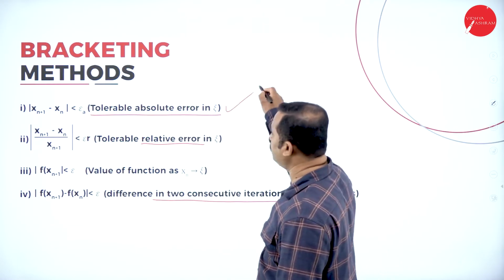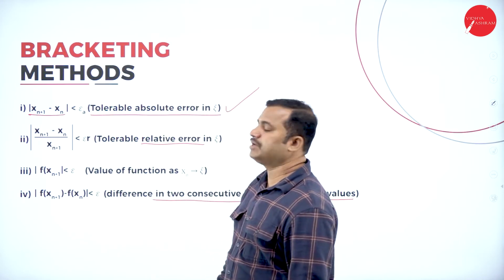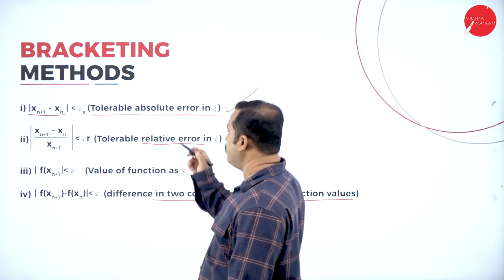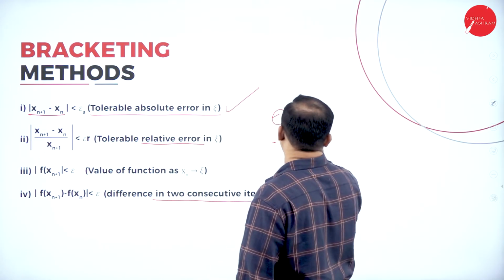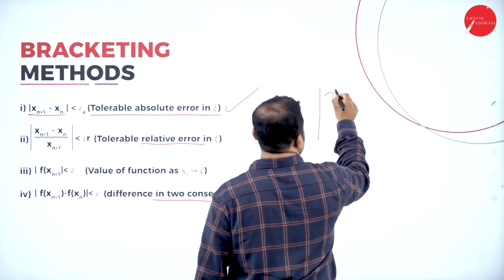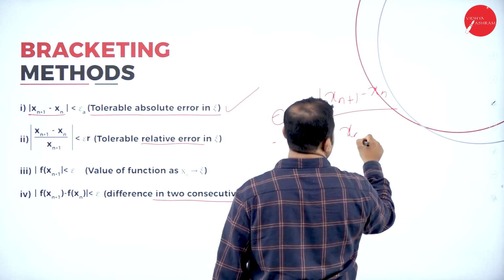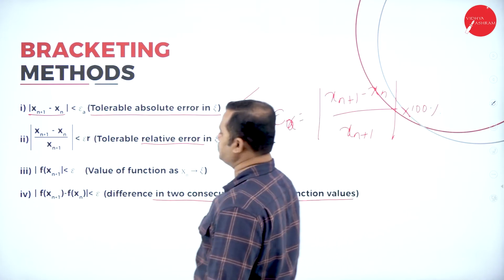The absolute error is defined by this formula, that is xn plus 1 minus xn, that is present iteration minus previous iteration. What is the meaning of relative error? The relative error, xr, is defined by xn plus 1 minus xn divided by xn plus 1, into 100%, which is already discussed.